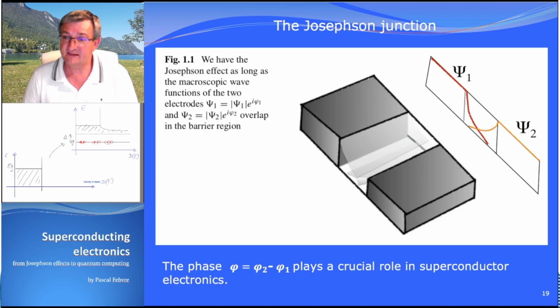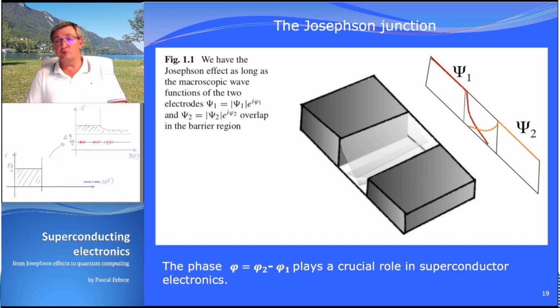And if this barrier is thin enough, these two wave functions, if you take them separately, you see here, they overlap. Basically, there is an overlap in the barrier, meaning that the total wave function is not zero, and there is a phase which is going to vary over this distance, and that gives all the good properties of the Josephson junction.